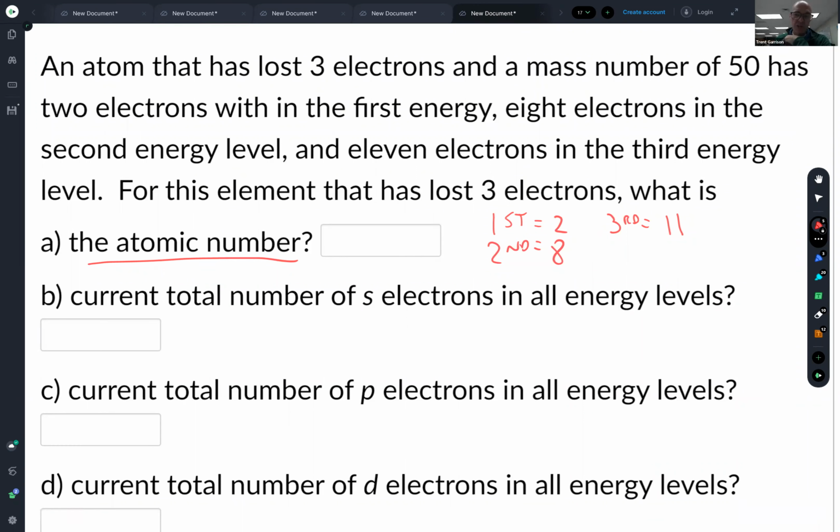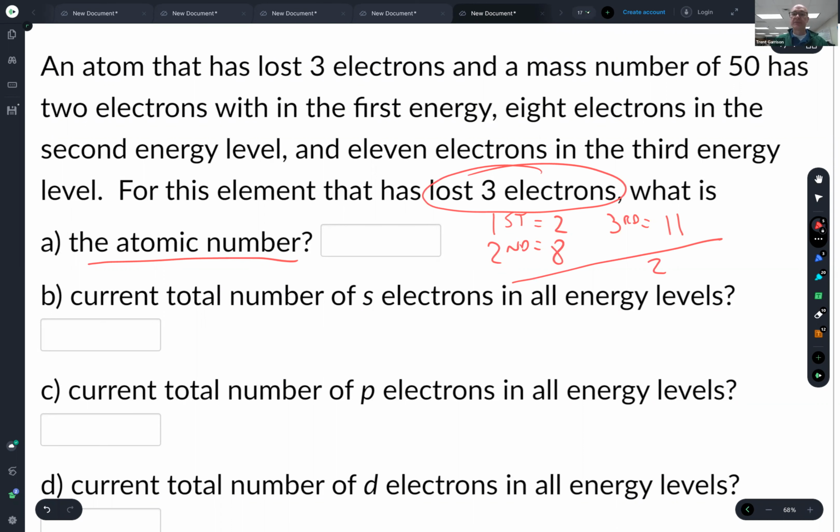This is a violation of Hund's rule. This is a violation of the octet rule. So what we've got to do is figure out, well, why did that happen? It lost 3 electrons. You can't simply just add them to the third. What we need to understand, if we are looking at our periodic table, right now, if we add all of this together, we're at 21.